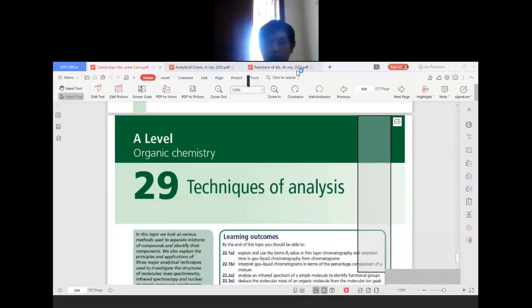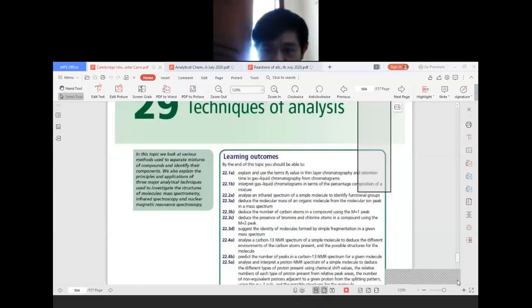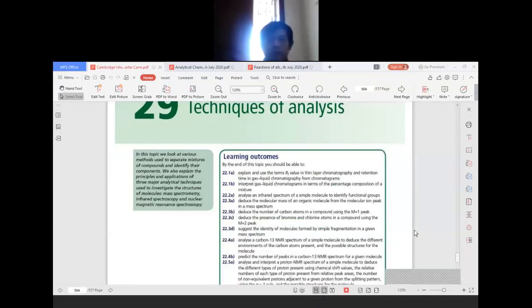Of analysis, we are going to study some techniques, which is first chromatography, and then there is TLC, and then there is GLC and HPLC. Maybe you have heard the terms TLC, GLC, and HPLC.